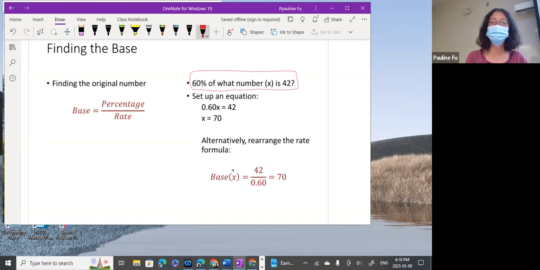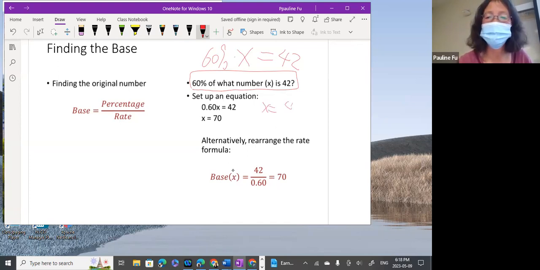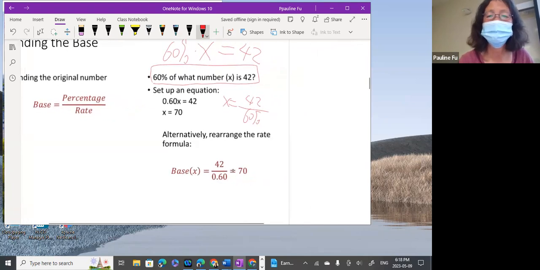Solve for X. So 60% times X equals 42. So X equals 42 divided by 60%. 60% is the same as 0.6. So the final answer is 70.